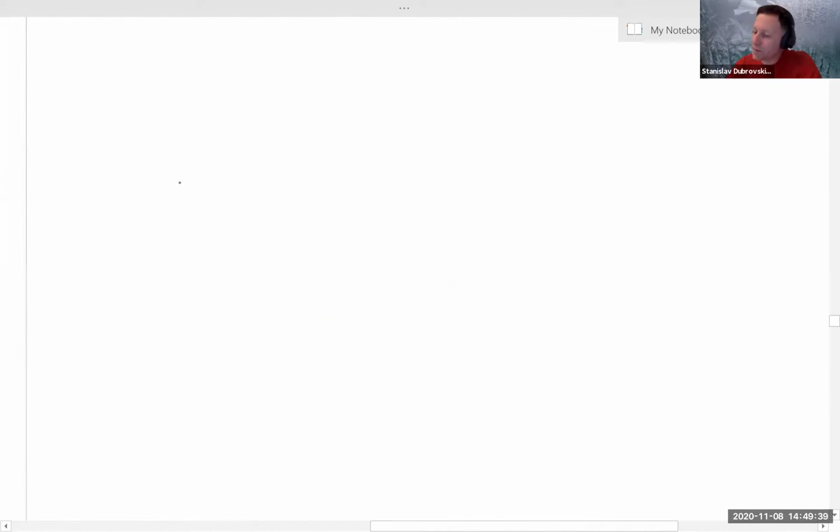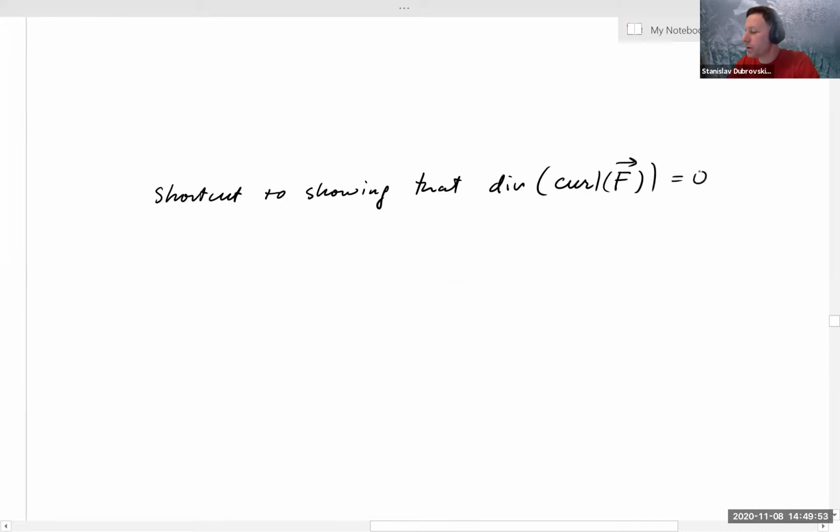The hint is, the shortcut to showing that divergence of curl of F is zero is thinking about that really as vectors. So if you are doing the dot product, this is understood as vectors.